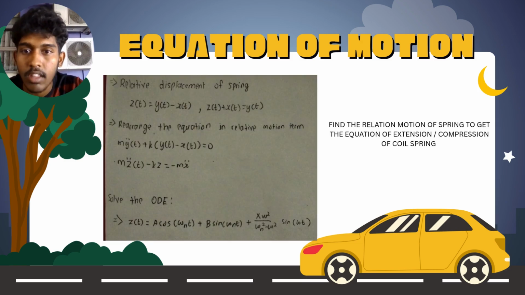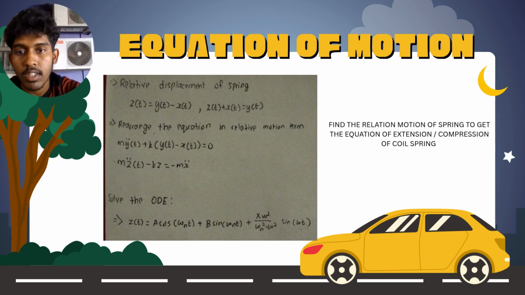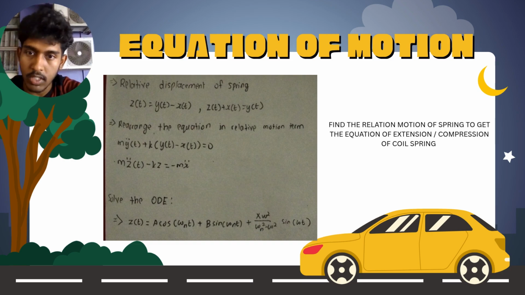Next, here is the relative displacement of the spring. We have a relationship where the compression of the spring equals the mass displacement minus the bumper height. So we rearrange the equation in the relative motion, and we get the equation m times the second derivative of z minus kz equals negative m times the second derivative of x, which is an ODE.